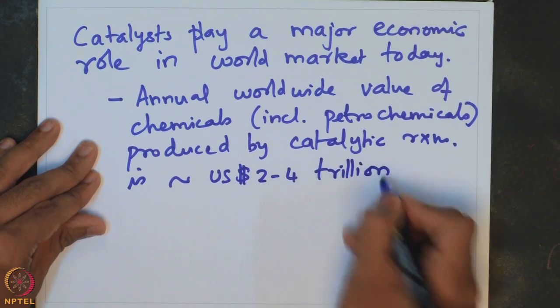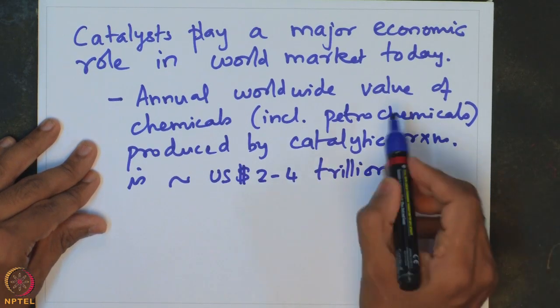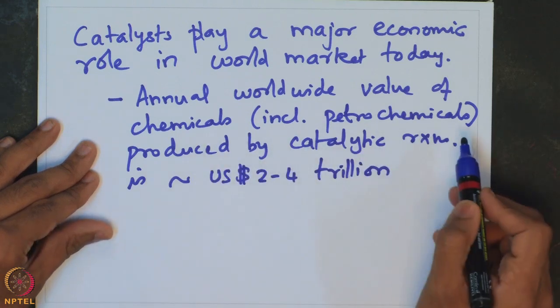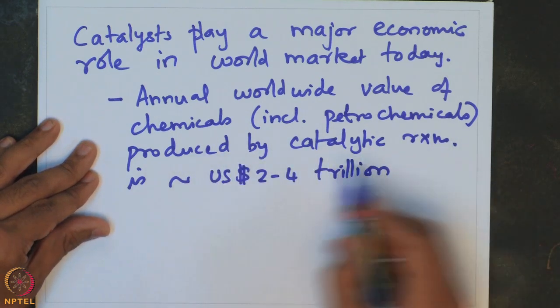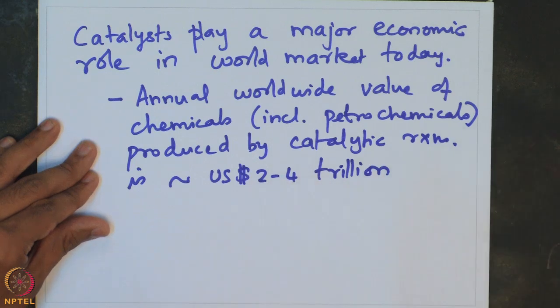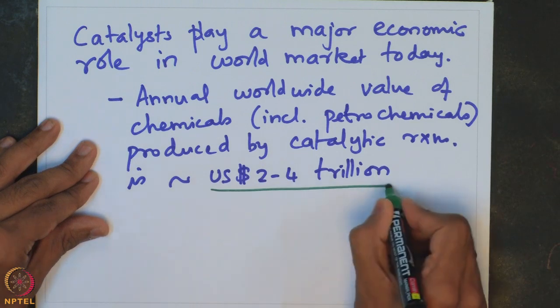It is a staggering number. The total value of chemicals, including the petrochemicals produced by catalytic reaction, is about 2 to 4 trillion dollars, which is actually a substantial and staggering number.